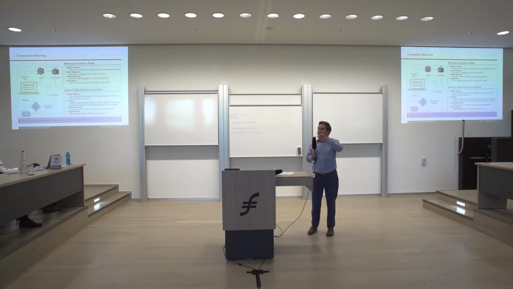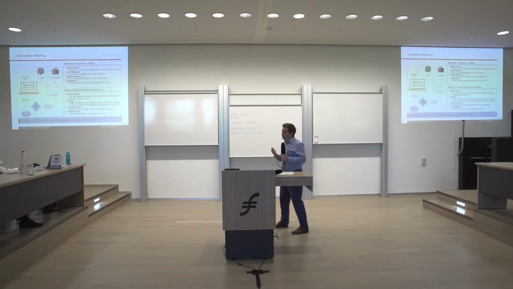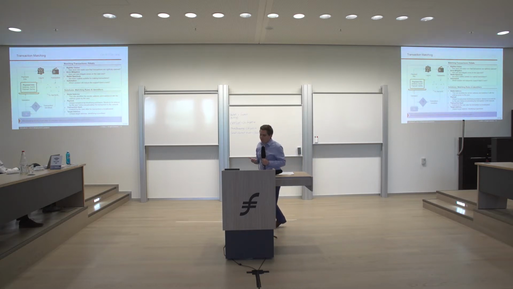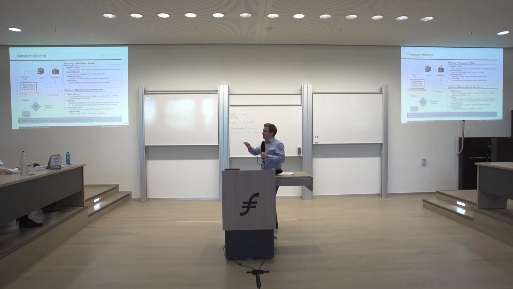So how do you do the matching between the investor and the transaction? There are several problems you need to solve. How do you make sure it's rightfully claimed and not claimed by an attacker? How do you make sure that there are only a few errors on the user side?